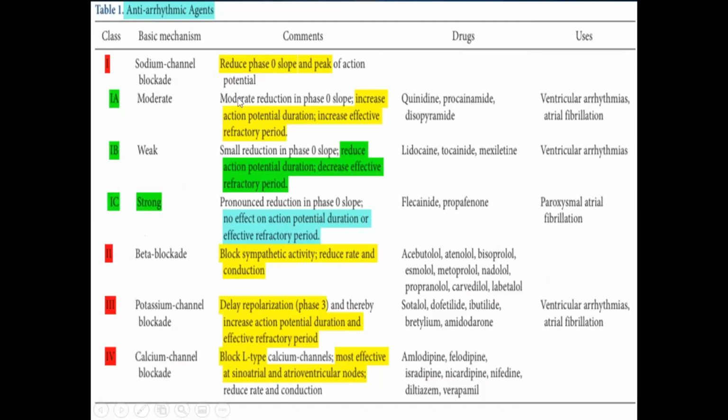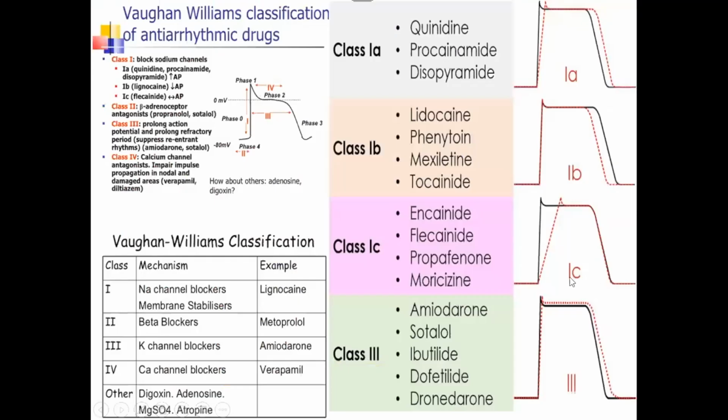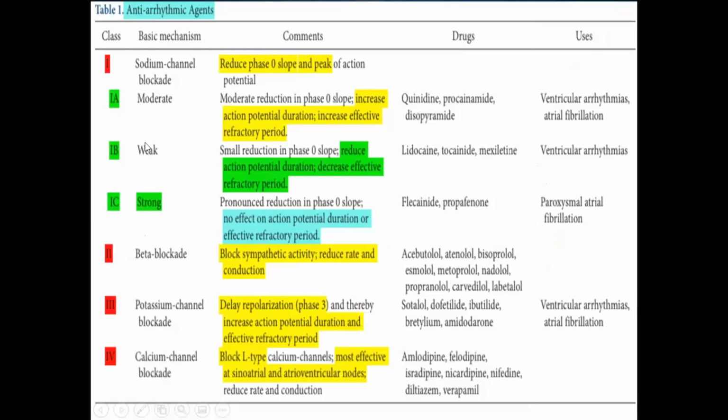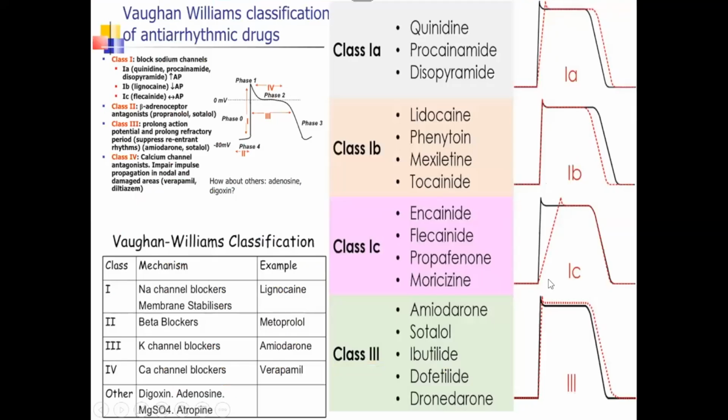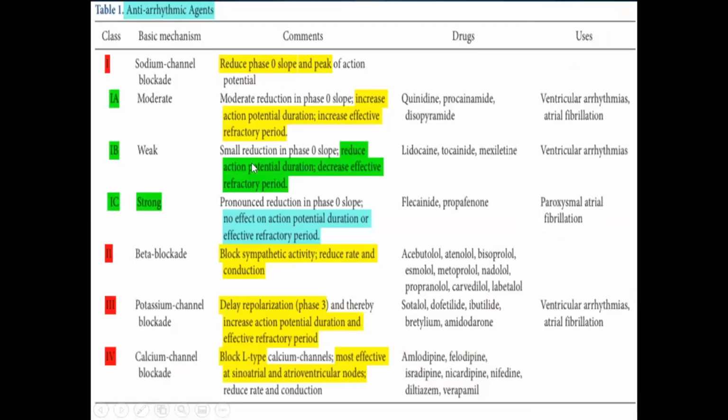Okay, so whether it causes a moderate reduction, small reduction, or pronounced reduction. 1C has the pronounced reduction in slope. 1A is moderate and then 1B is weak. So 1C is strong, 1A is moderate, 1B is weak. Strong effect, moderate effect, very minimal effect on the phase 0 slope. Can be asked in MCQ.